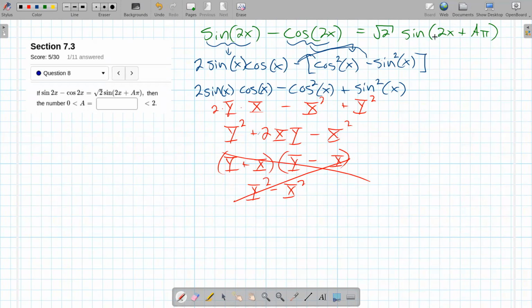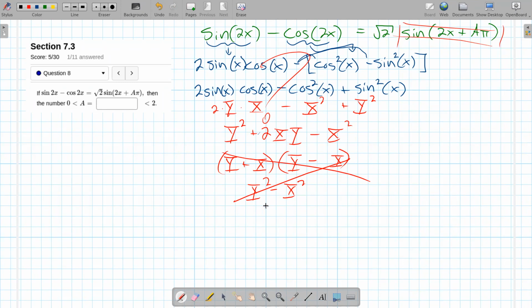We can't incorporate that directly because it's not sine of 2 times something, right? So this seems like a big unknown. Now we're going to focus on this right there.